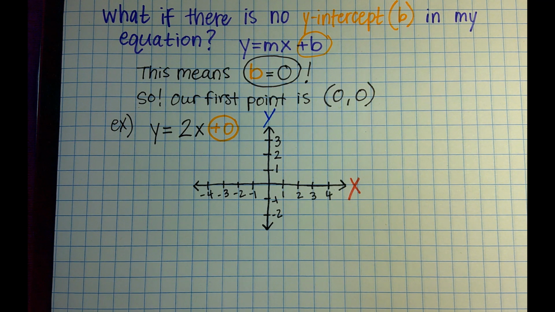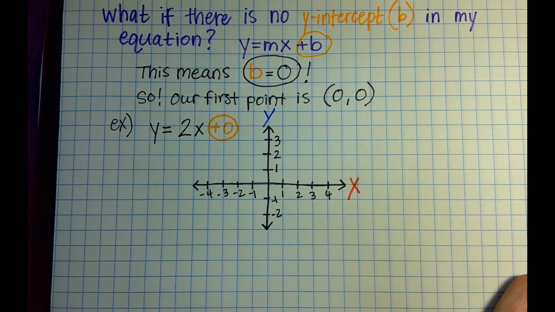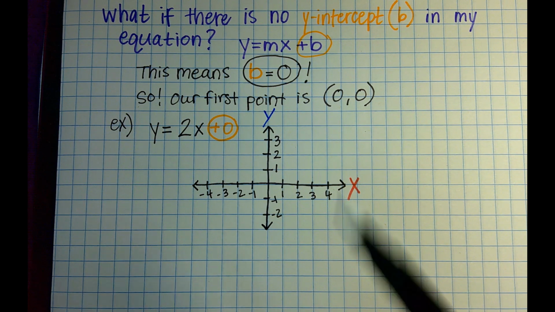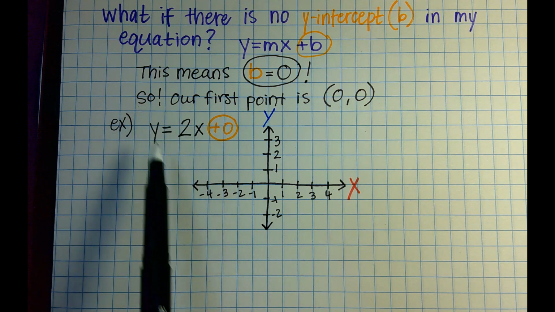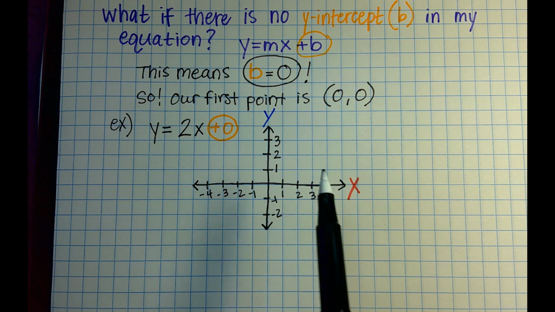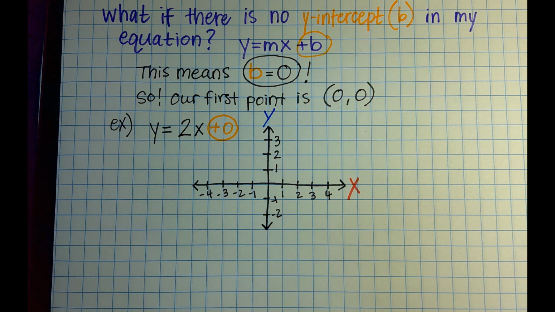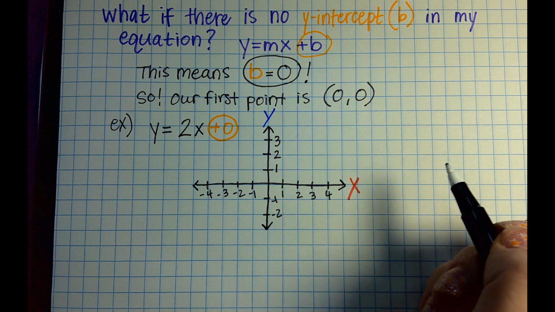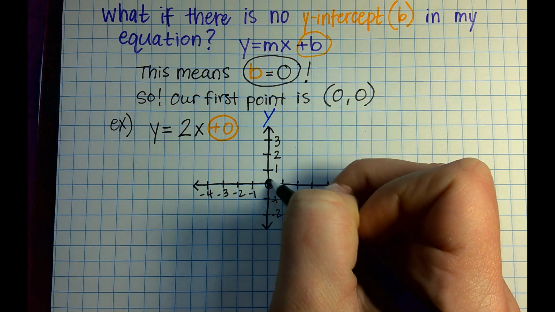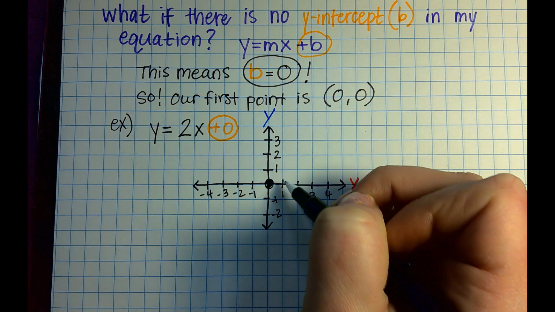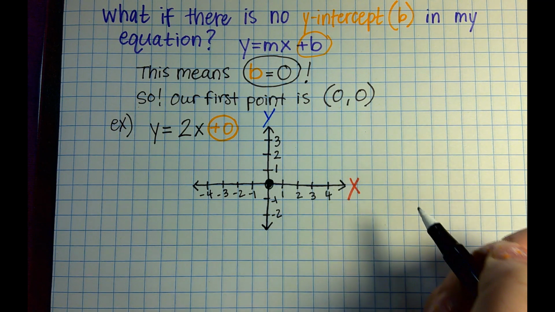So where does my first point go? So 2 is our slope, right? What's our y-intercept? 0. So where does my first point go? 0, 0 at the crossroads. Good. So that's my first point.